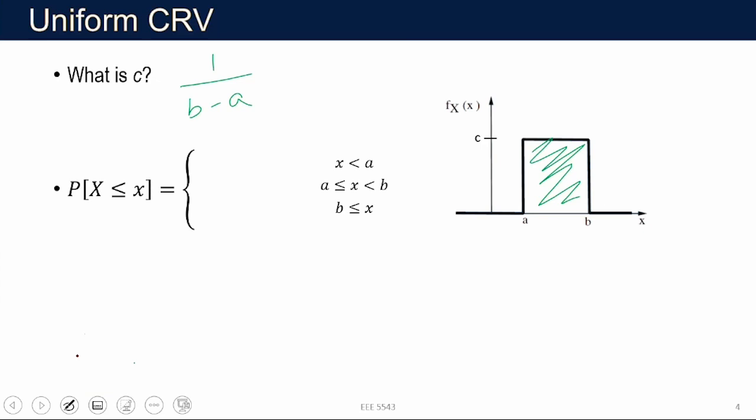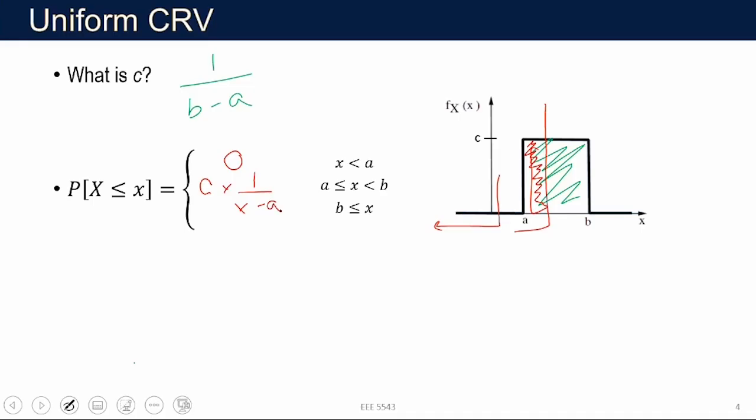So what is the probability that x takes on a value that is less than A? Well, in that case, we notice that it will be 0. Between A and B, our cumulative distribution function will be the area, as defined here. And that area will be base times height for that rectangle.